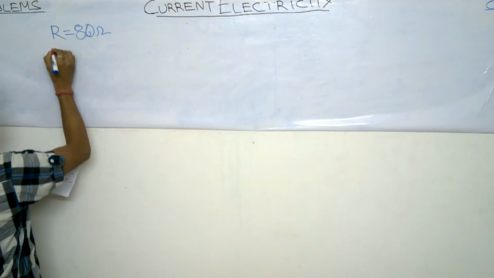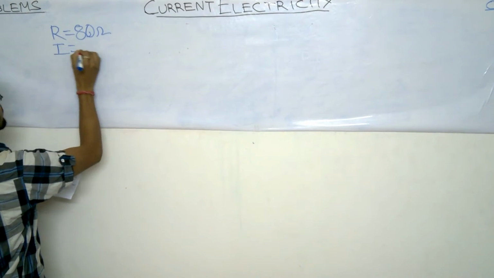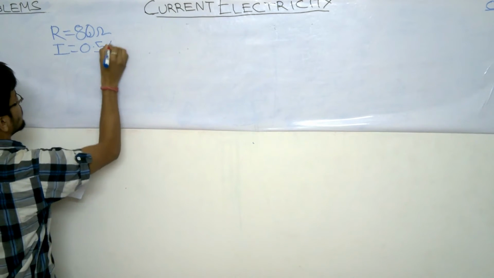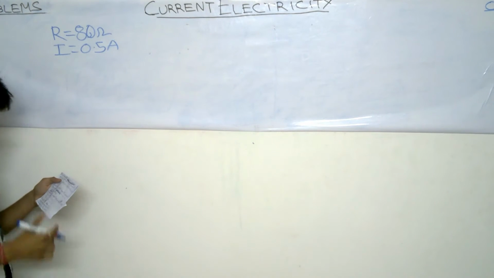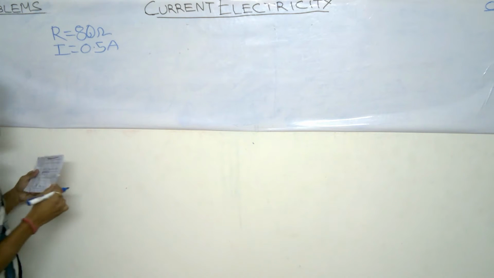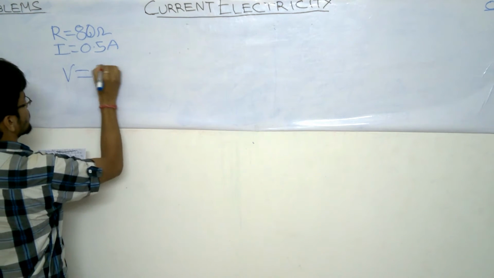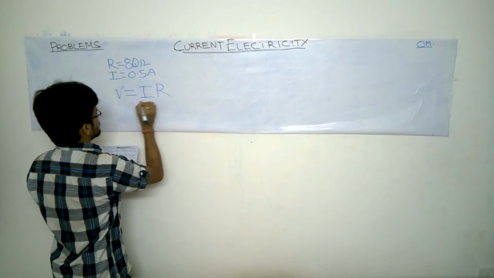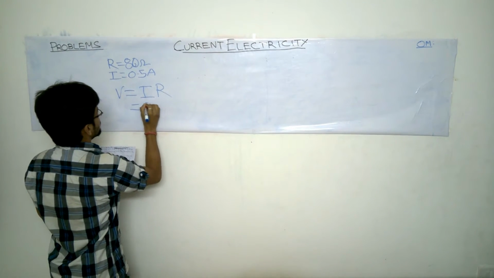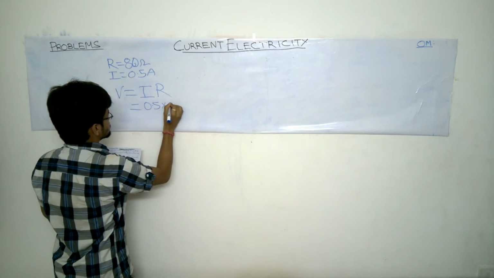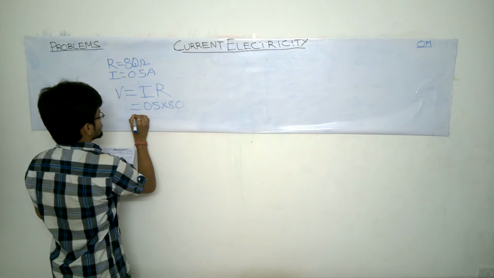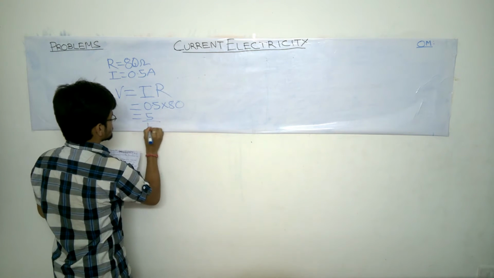They have told us to find the potential difference. Now we know the formula, V is equal to IR, which is 0.5 into 80. That will be equal to 5 by 10 into 80.